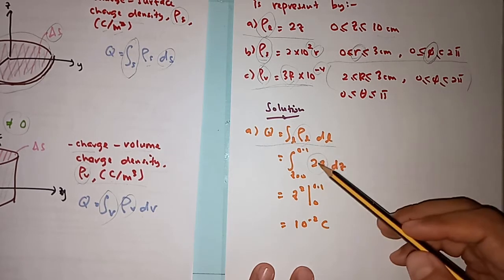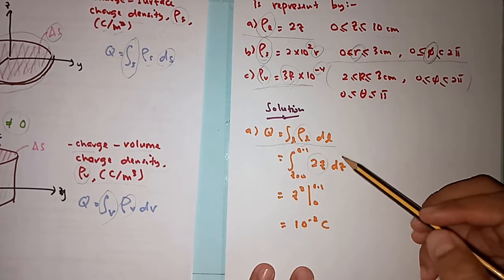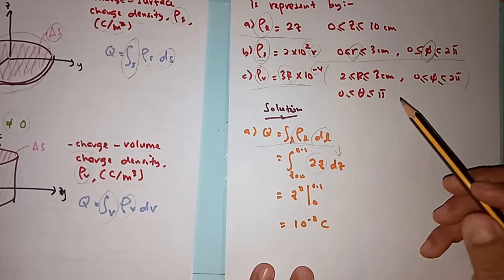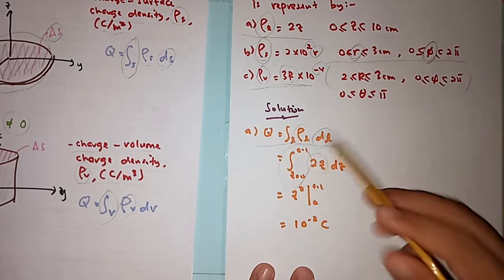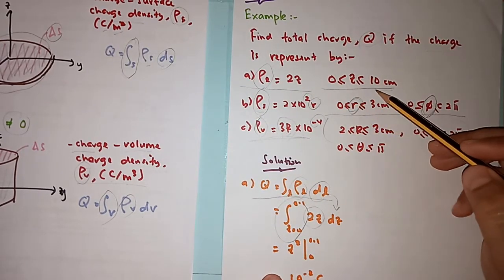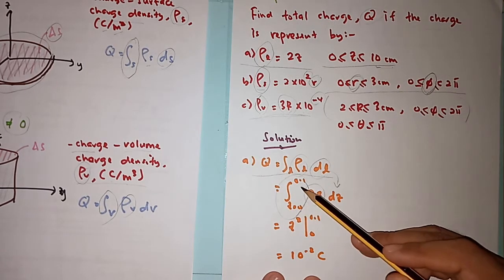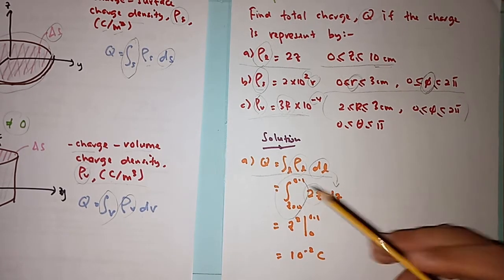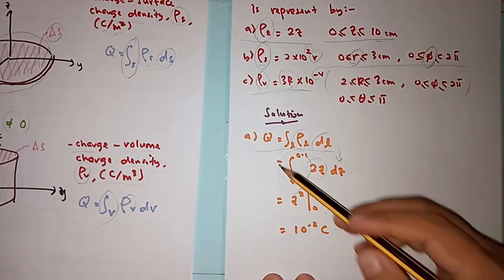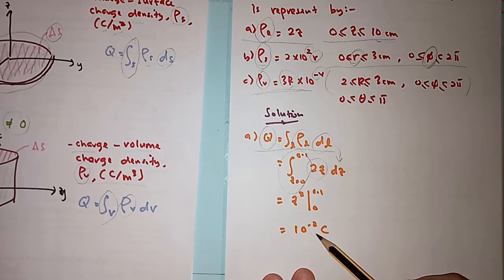Since our charge resides on the z-axis, dl will be equal to dz, and the limit for this integration is from 0 until 10 cm, so z is from 0 until 0.1. By solving this equation, we will have the total charge equal to 10 power of minus 2 coulomb.